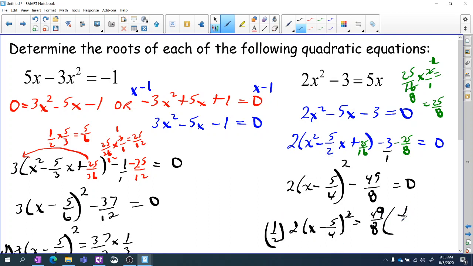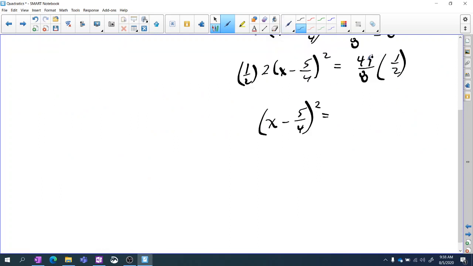Multiply the other side by 1/2. That will lead us to x minus 5/4 squared equals, and this other side will be 49 over 16.